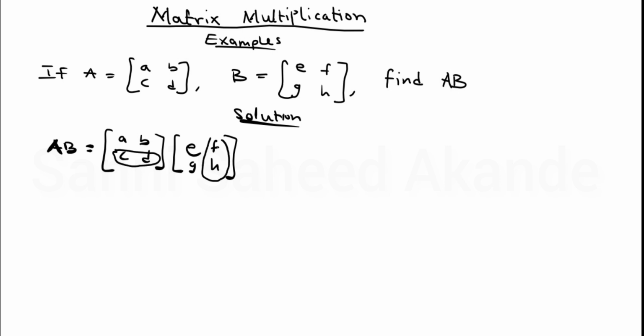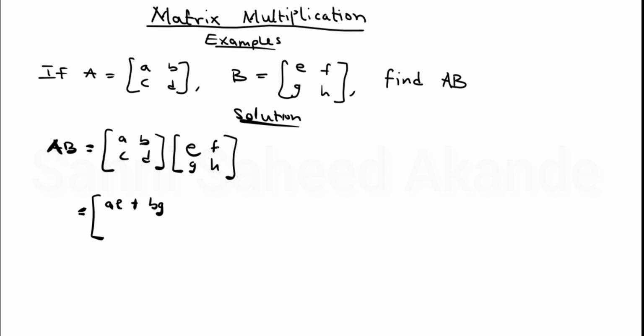That is how we do multiplication under matrix. So let's begin. A times E will give us AE, then plus B times G will give us BG. So we are through with the first row, using it to multiply the first column.